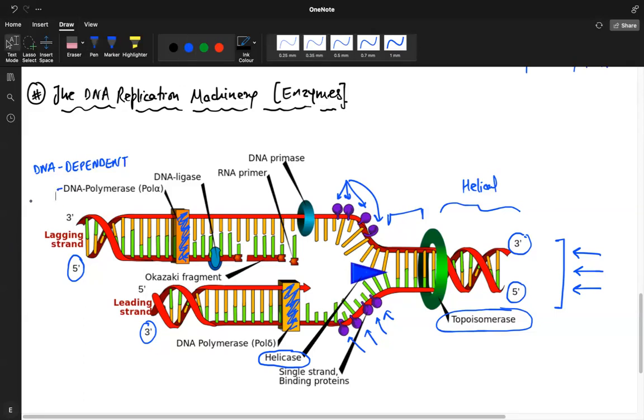Why am I calling it DNA dependent DNA polymerase? Because in biology, there is something called RNA dependent DNA polymerase as well. In reverse transcription, which retroviruses can do, we use RNA as a template and we make a DNA from it. Remember reverse transcription, everyone? Yes. So that polymerase will be called RNA dependent DNA polymerase.